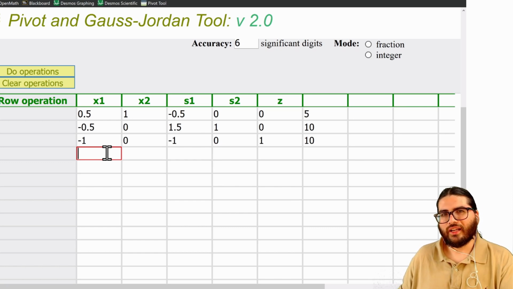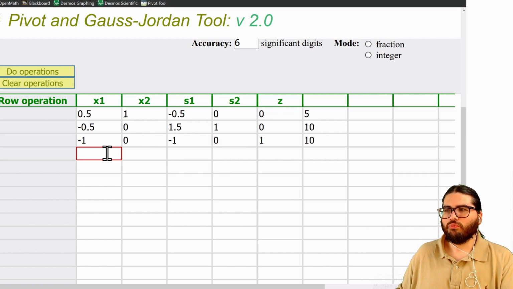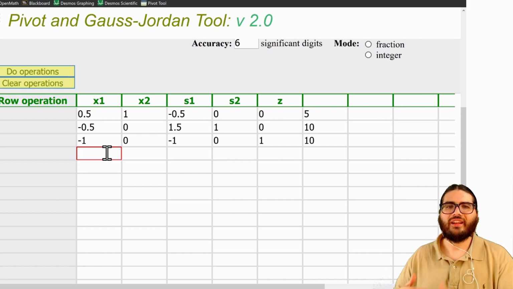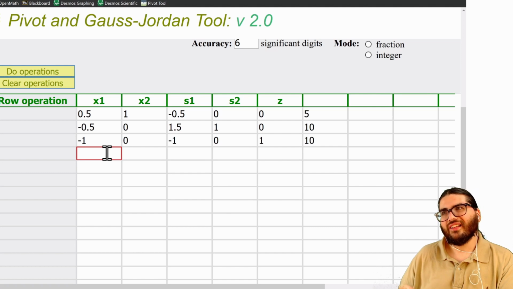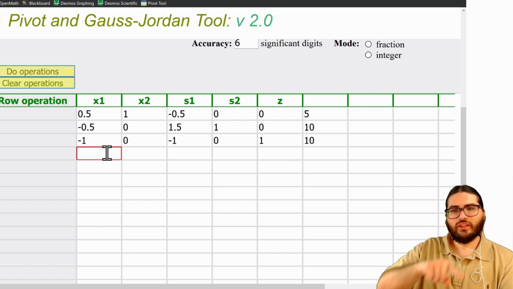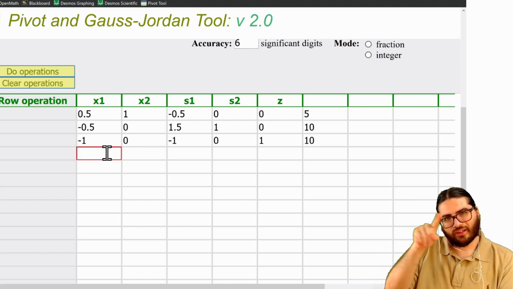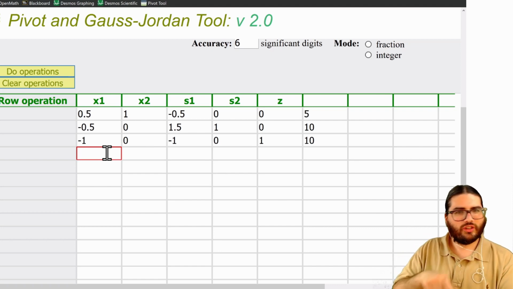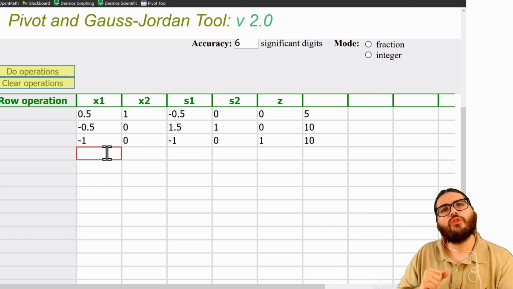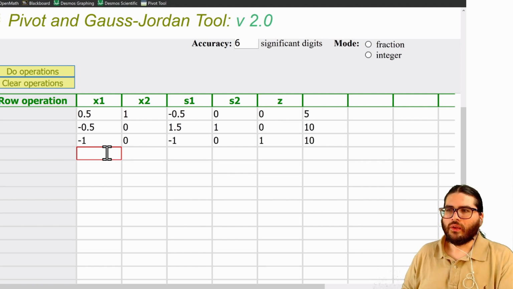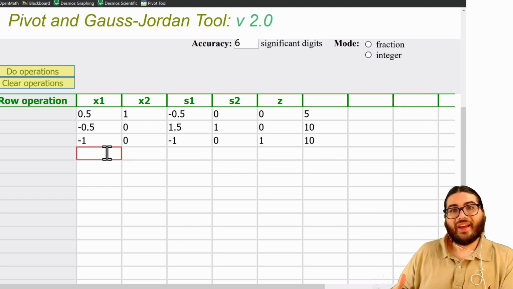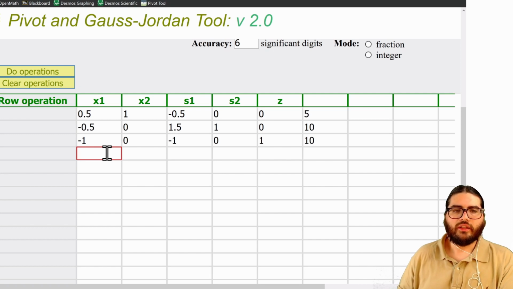If there's a tie, you can choose either one, but when you make a bad choice, and there's no way to know ahead of time what the quote-unquote bad choice is, it is at least theoretically possible that you cycle around and come back to the same solution and keep going through the simplex method over and over again, and you'll never find the optimum solution. Okay? So the math nerds will call this cycling in the simplex method.